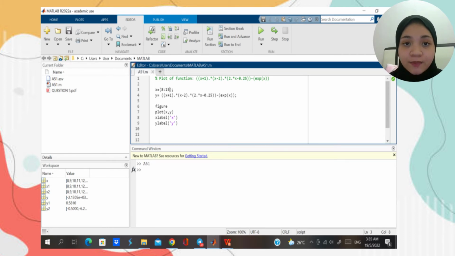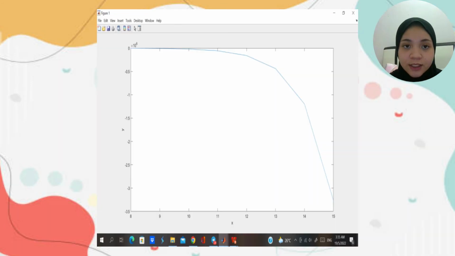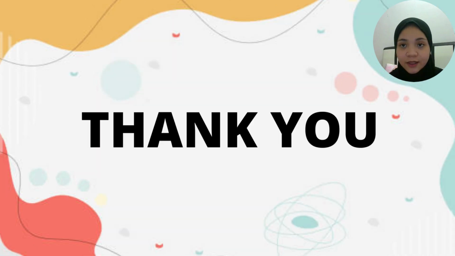So firstly, in the script, type the plot of function and then just type the function given, and then put x equal to the plotting range, which is up to 15, and then y equal to, and then we put the function, and then after we run the script, I think that's all from me.